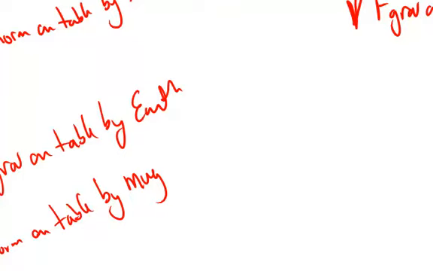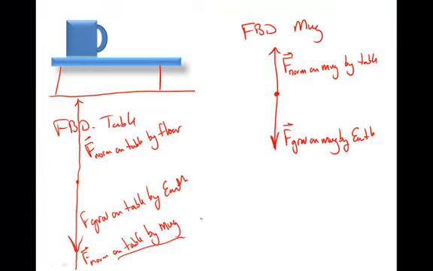All right, so take a look at this force and this force. You'll notice not only are they the same type of force, but they have the same two terms. They're just switched. So the mug is the target for this force. The table is the actor or the cause of this force. We have the reverse case here. The table is the target. The mug is the actor or cause of that force.